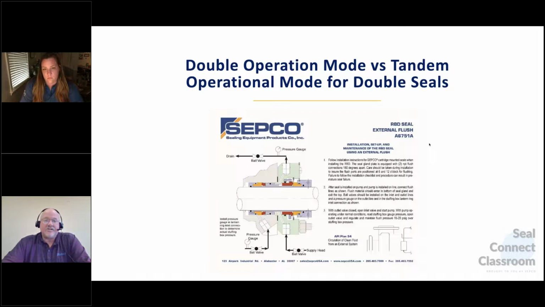So everybody understands, you've got double operational mode, where you've got a higher pressure of barrier fluid than the process pressure that it's trying to overcome. Tandem mode, you use a lower pressure than the operational pressure the seal's operating in. So as long as you understand those two concepts moving forward, all the rest of this will not be Greek. You'll have a clear understanding of what we're talking about.